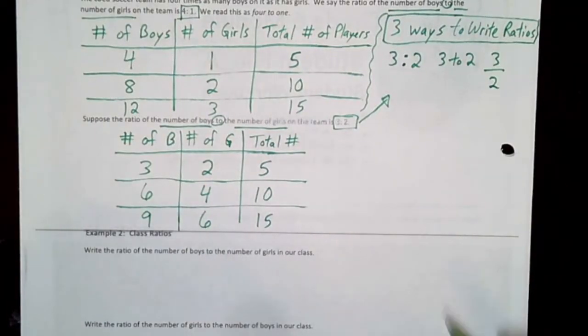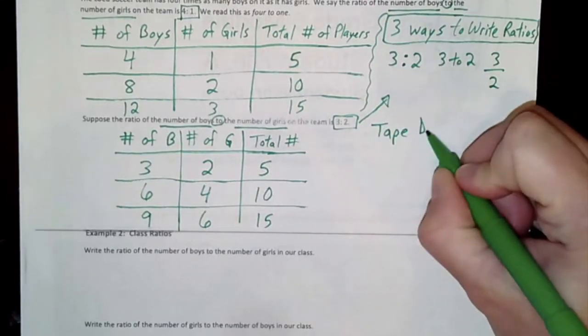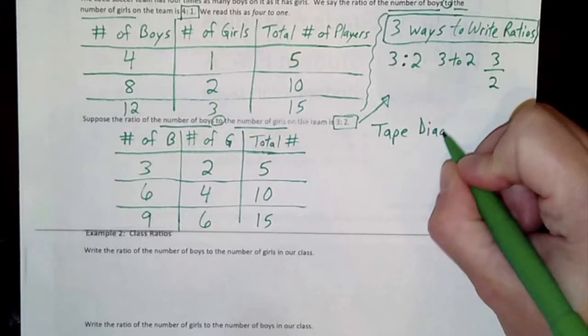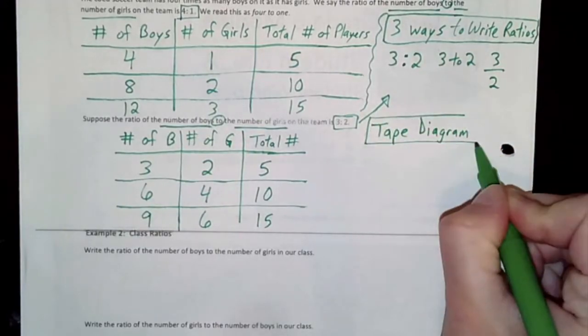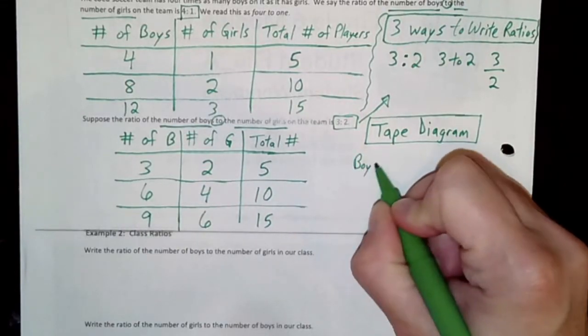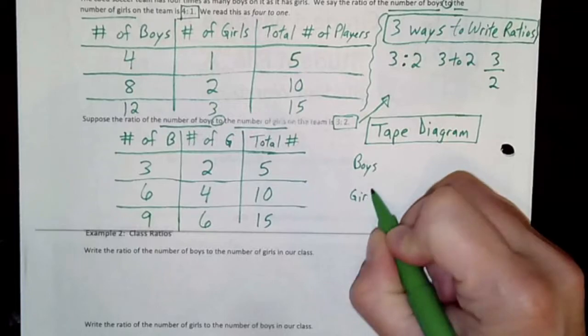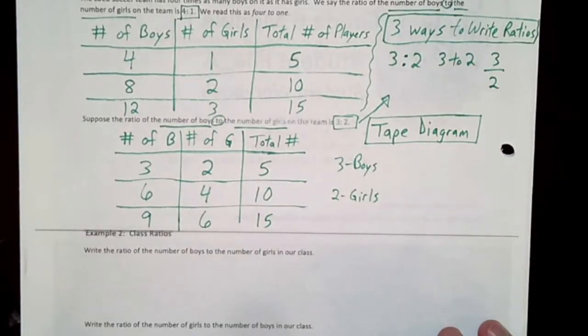Another way they're going to teach us is a tape diagram. And if you were doing a 3 to 2 ratio on boys to girls, and remember that ratio was 3 to 2, so I'm going to write that over here just so I have it, 3 to 2. Then in a tape diagram, you draw 3 boxes to 2.